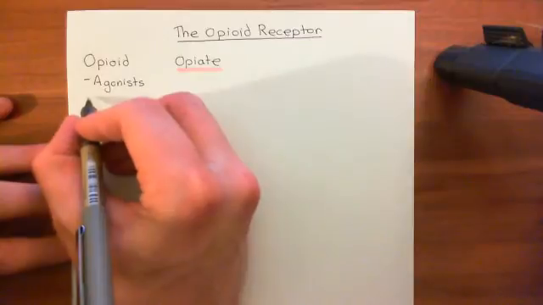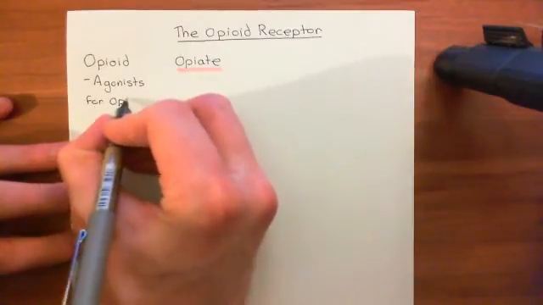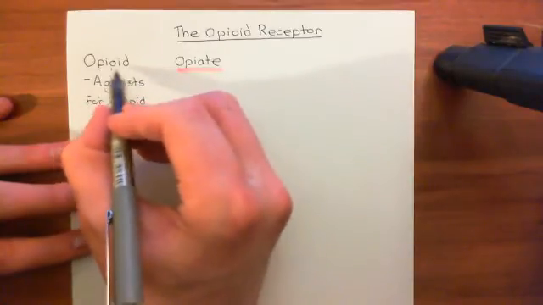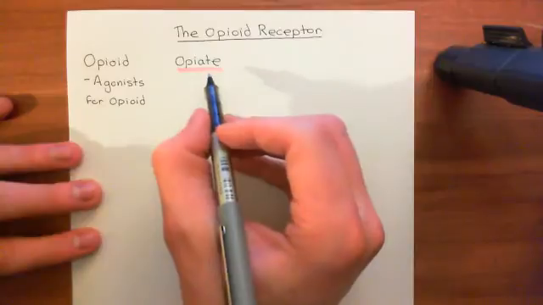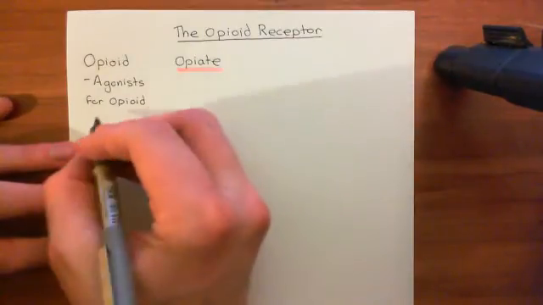Even more generally, an opioid is just anything which produces similar effects to morphine, through a similar mechanism, basically.